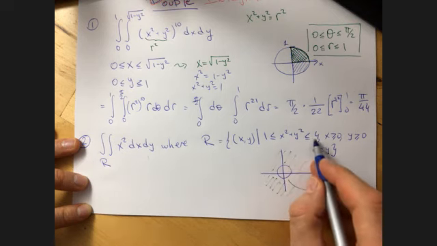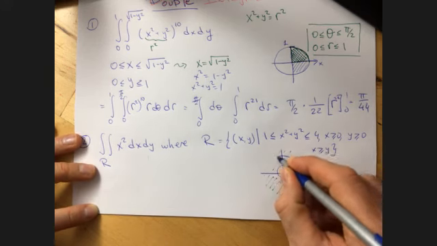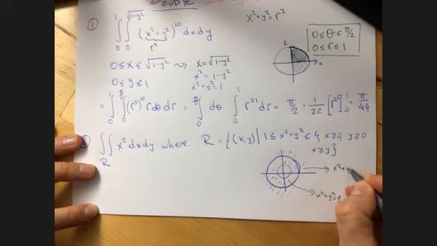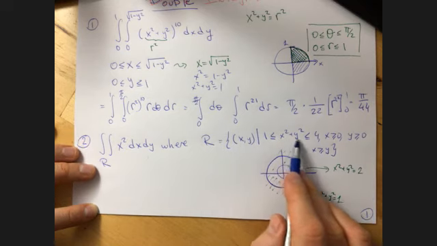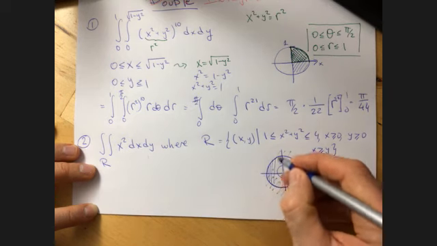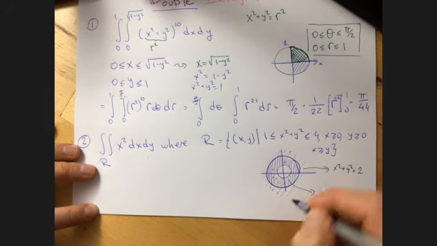X squared plus y squared is equal to 4, that's a circle of radius 2, right? And then if x squared plus y squared is less than 4, that means we are talking about the points in this washer, let's call it that way.